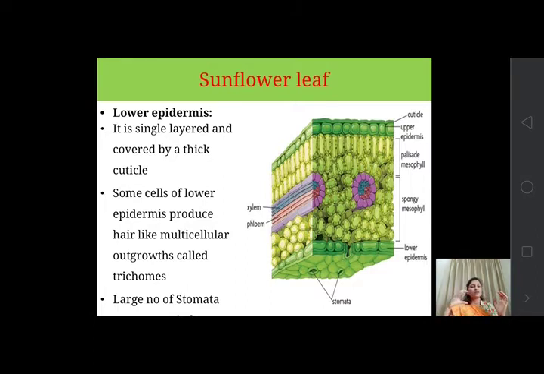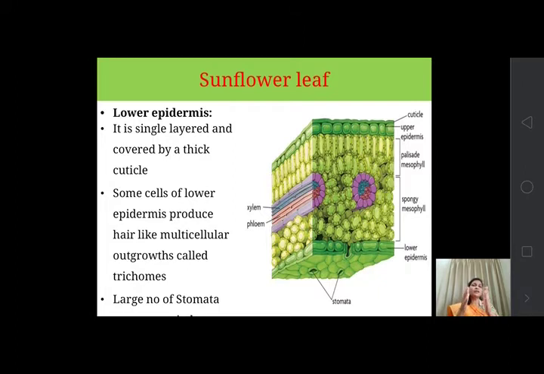This channel or pipeline structure is present in the midrib. So this is the midrib portion. The palisade and spongy parenchyma form the lamina, present in between the veins. So this is about the lower epidermis, and this is about the internal structure of the dicotyledonous leaf.